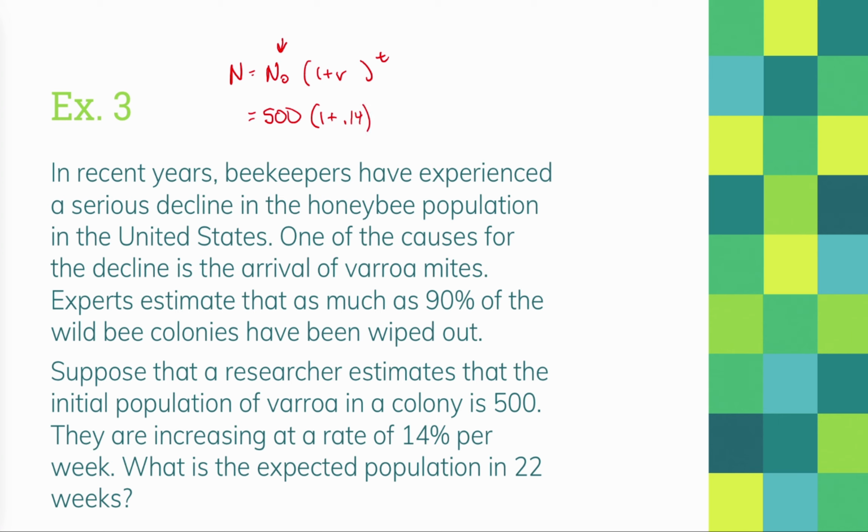It's growth, so it's positive. And our time t is going to be 22. So we're going to get 500 times 1.14 to the 22, and that ends up being 8,931.